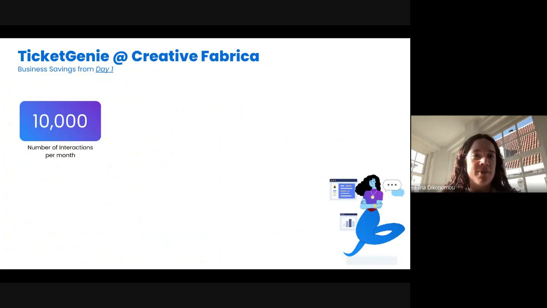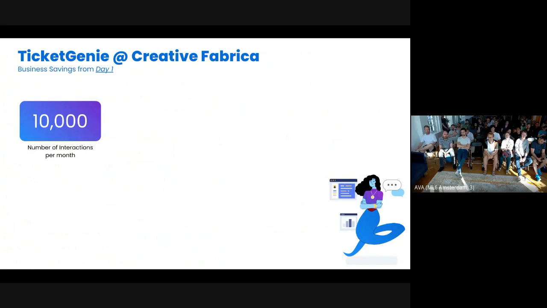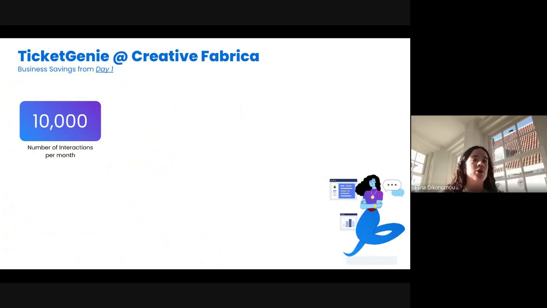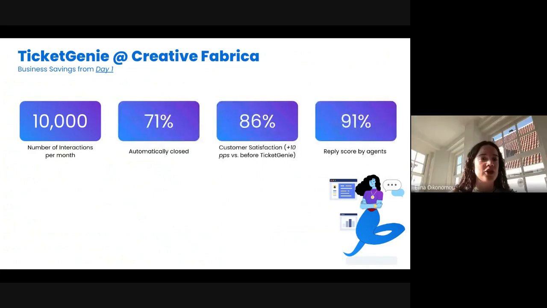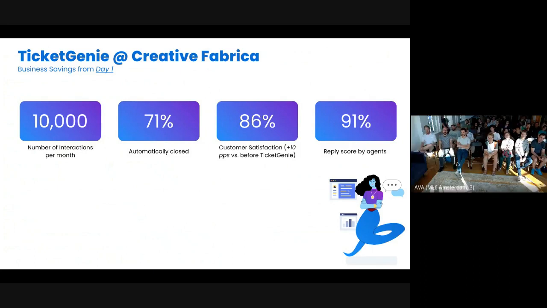All right, and what are the actual results? It was nice to see that it was working quite well from day one, and we are more than 2 months in now. On average we do 10,000 conversations per month, and out of those, around 71% are automatically closed, meaning that no ticket is opened afterwards.